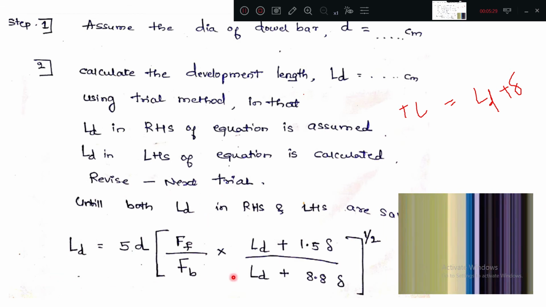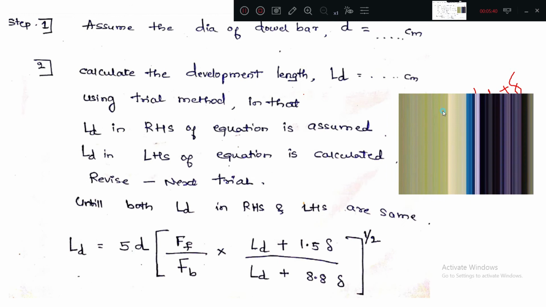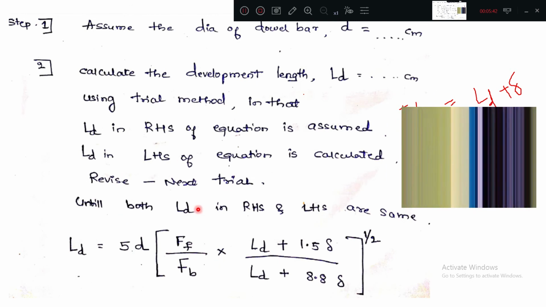If by putting LD as 40 and solving you also get 40, then that is final, until the LD in RHS and LHS are the same. When you solve the problem, you'll understand.